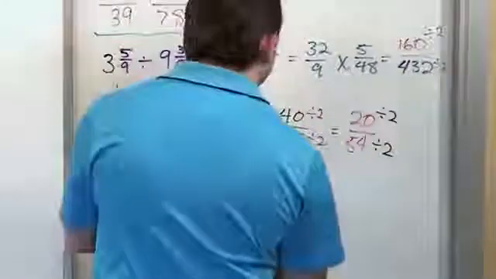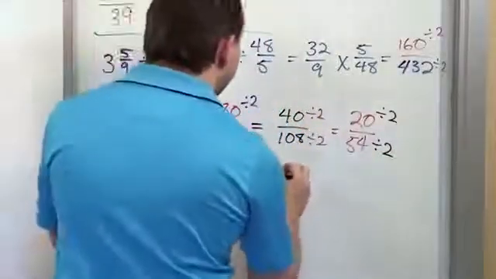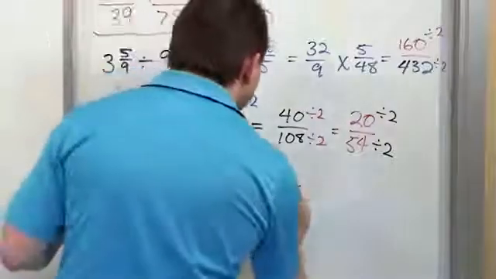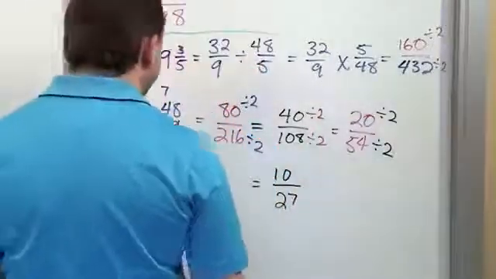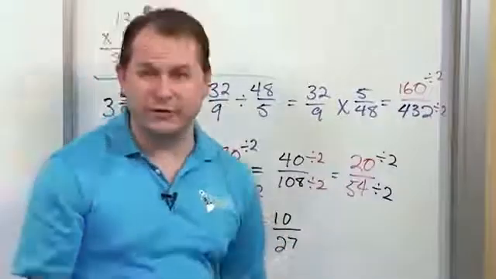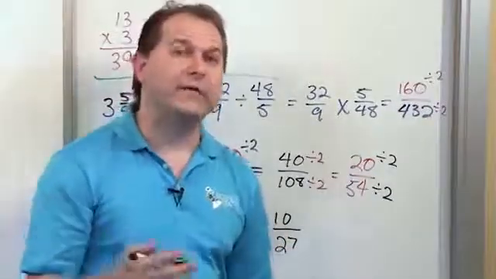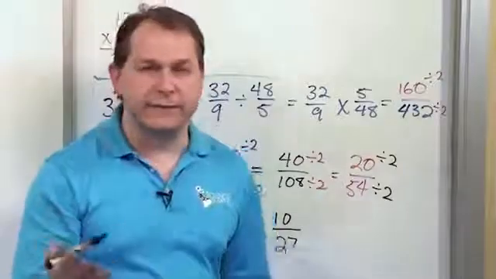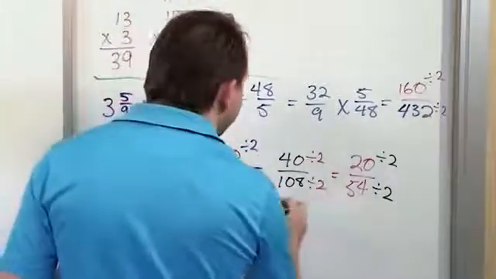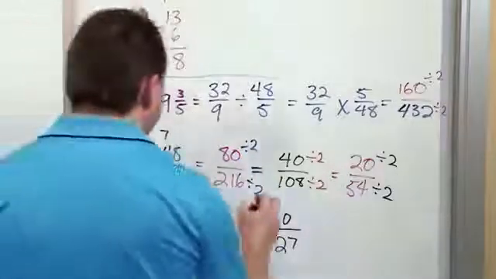So 20 divided by 2 is 10. 54 divided by 2 is finally going to give me 27, because you know that 50 divided by 2 is 25, and the 4 divided by 2 is going to give you 2. So 25 and 2 give you 27. So finally I get 10 over 27, and there's nothing else.